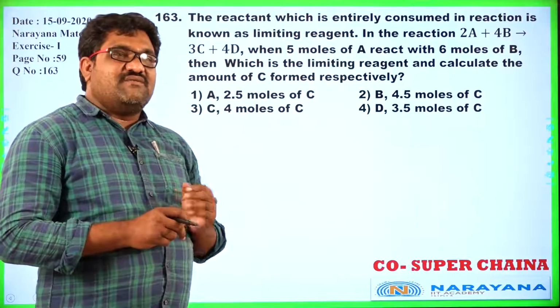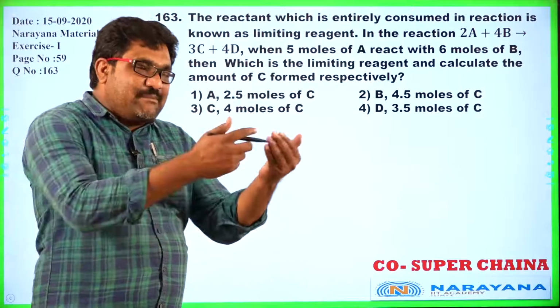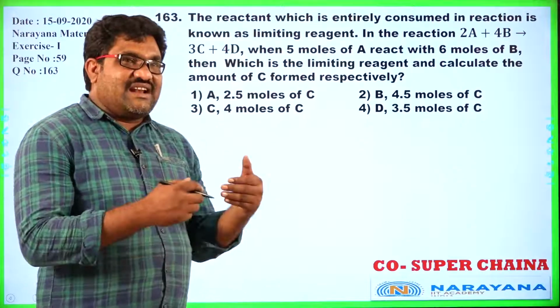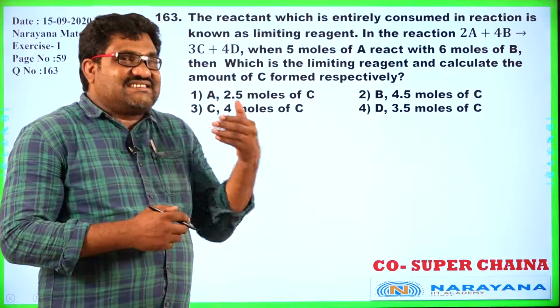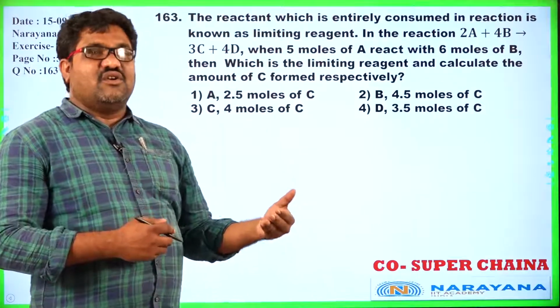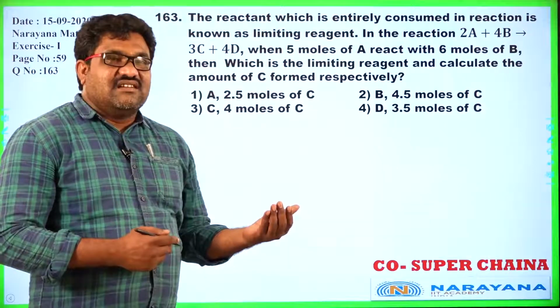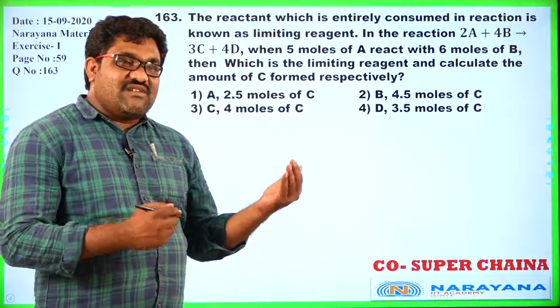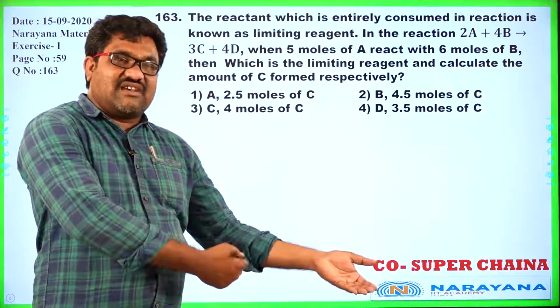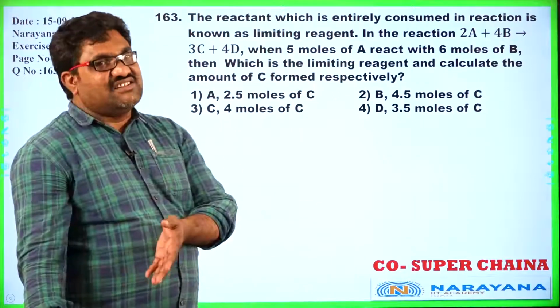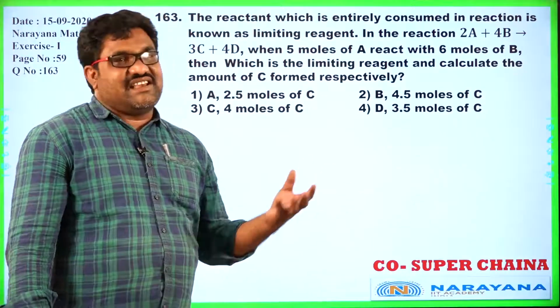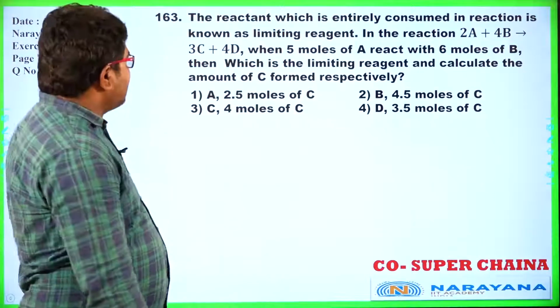Among them, if one reactant is completely consumed and one reactant is present in excess amount than required, the one which is consumed completely is called the limiting reagent, and the one which is present in excess amounts when compared with this limiting reagent is called the excess reagent. Okay, yes.